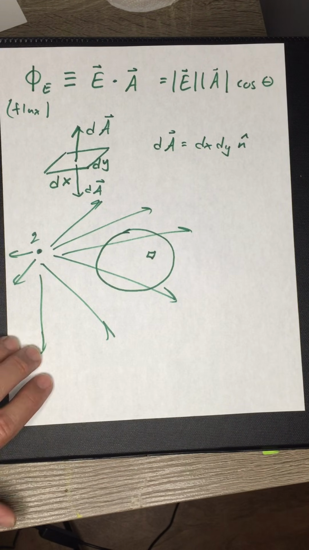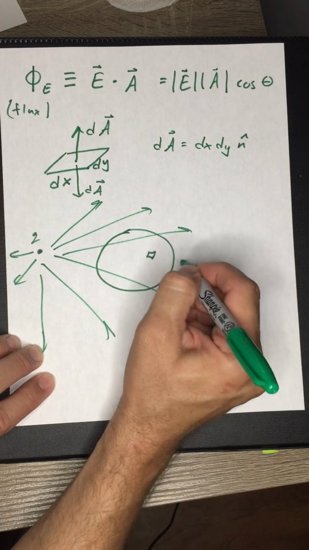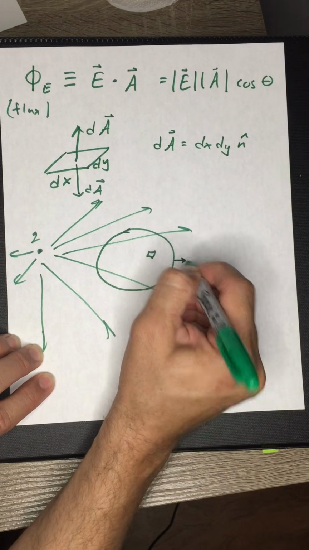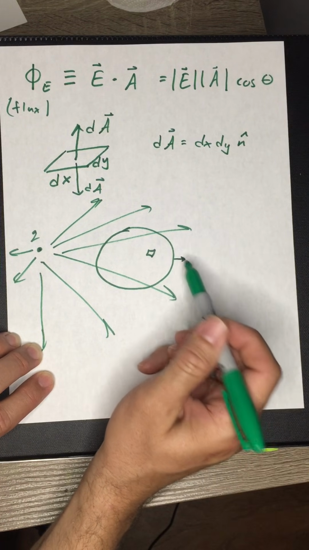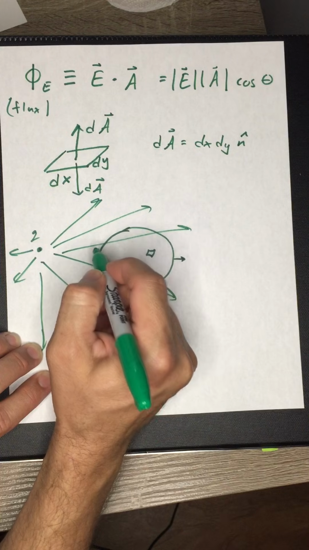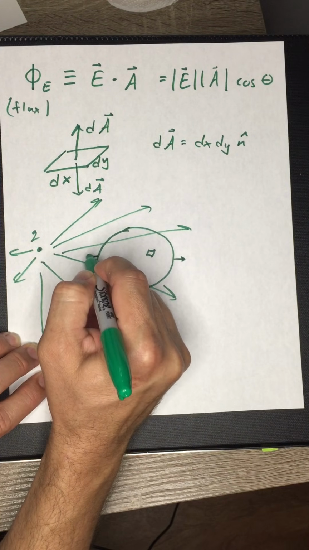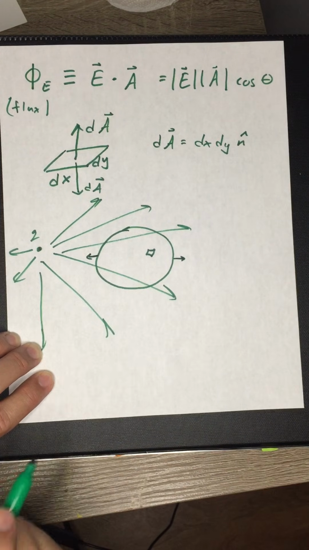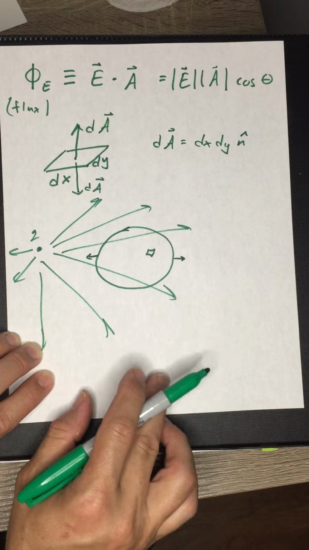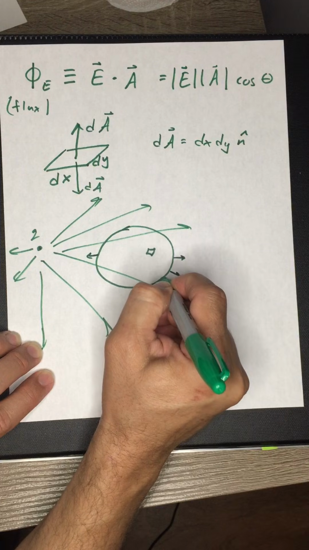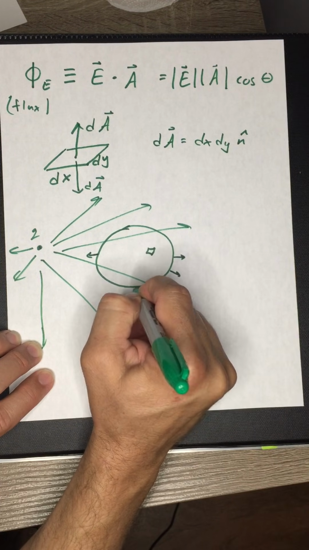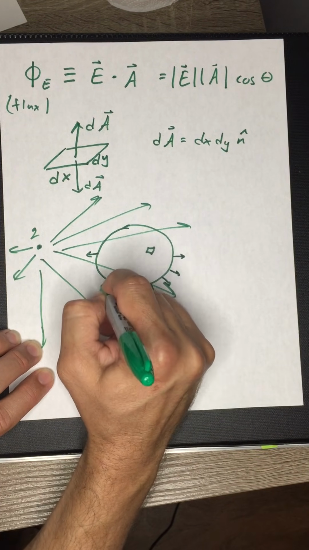Because if I'm going to define my area vector as pointing outwards, then this dot product evaluated over here is going to look a little bit different than if I evaluate it on the other side, right? So if I define my area vector as pointing outwards from the volume, everywhere it will look like this.